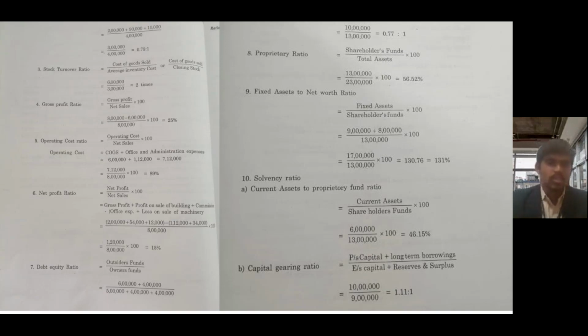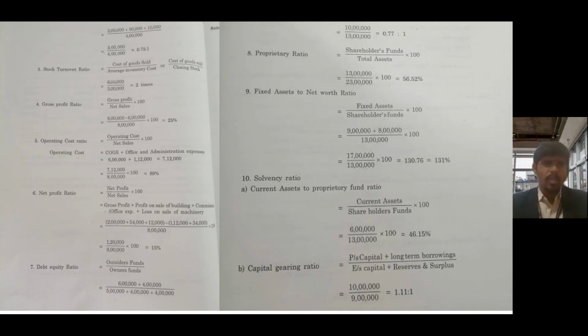The cost of goods sold they gave in the additional information, 6 lakh rupees, and the average inventory cost is the stock value or inventory value given in the balance sheet. So 6 lakh divided by 3 lakh is equal to 2 times the stock turnover ratio. Means if we have stock, we get turnover 2 times. So this is also a satisfactory level.